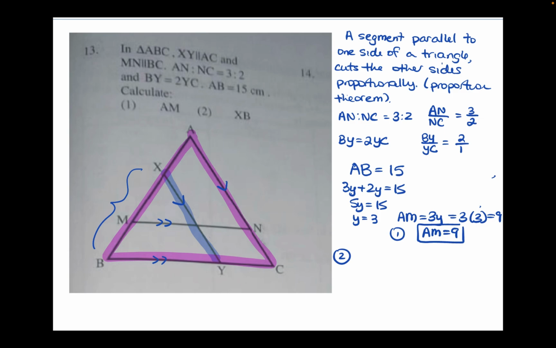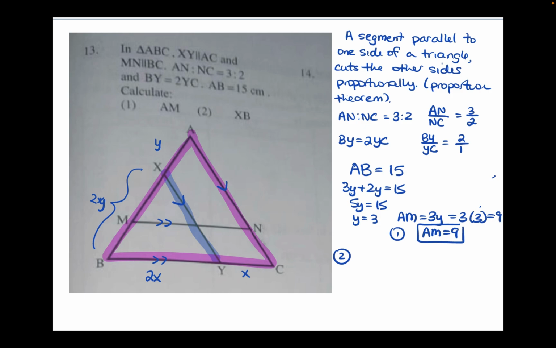That's our segment of interest. We're told that BY is equal to 2YC, so we could write that as 2x and x, and therefore XB would be 2y and y if we have different variables there.